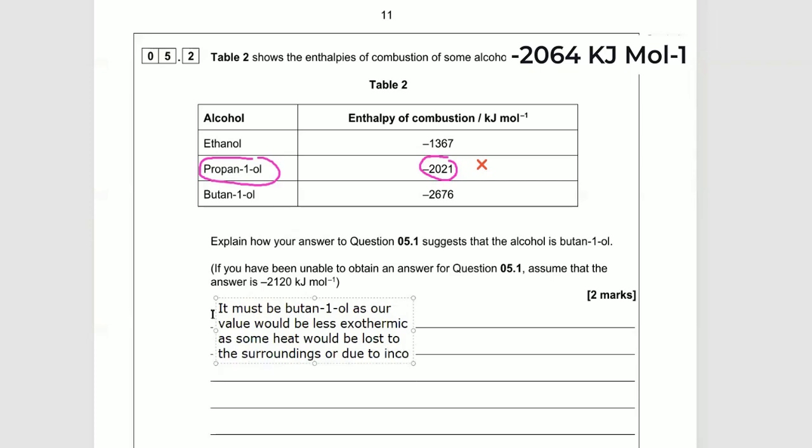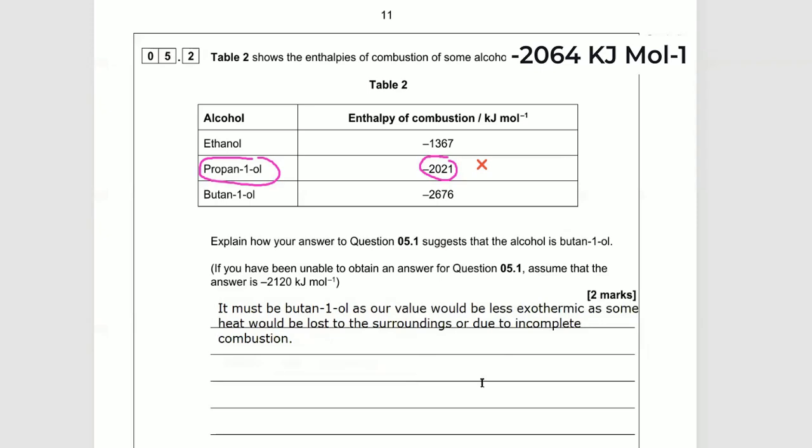So if that means that our answer of minus 2064 is less exothermic than the real answer, then it can't be propan-1-ol. Okay? It can't be propan-1-ol because our answer is more exothermic than the true answer for propan-1-ol. How did we gain extra heat when we're losing heat? So that's the reason why the most likely identity of our alcohol is butan-1-ol.